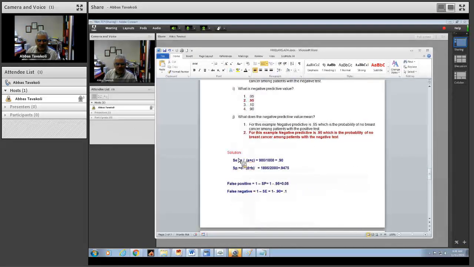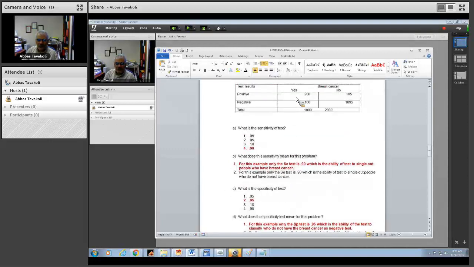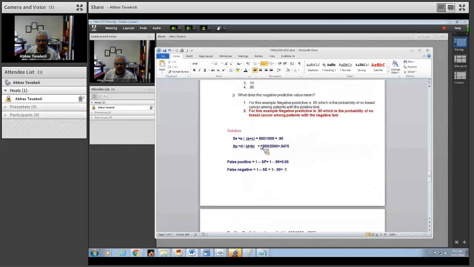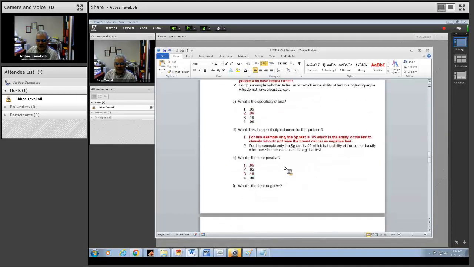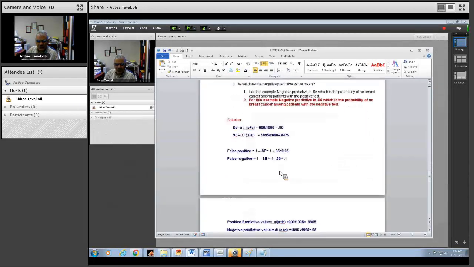So basically the sensitivity was, again, when I mentioned cells A, B, C, D, you replace in the formula: A is 900 over 1,000, which is 0.90. Your specificity, your D is 1895 divided by D plus B, which is 2000, 0.94.